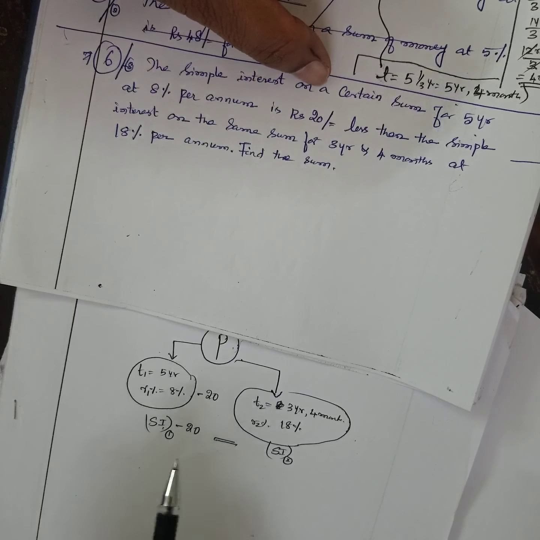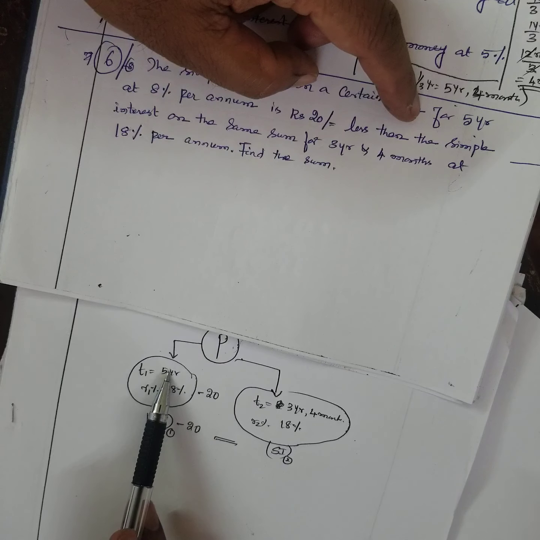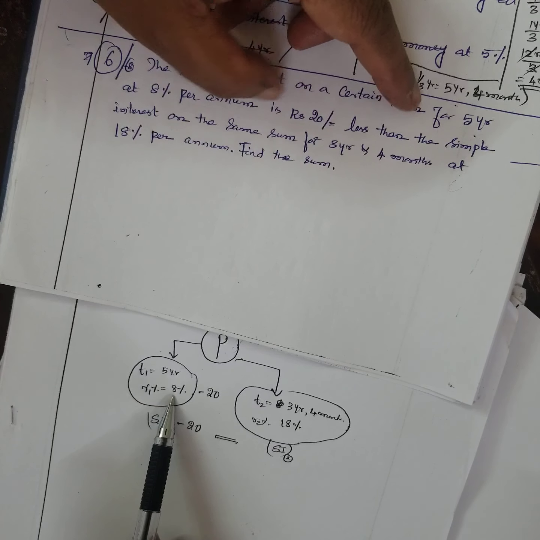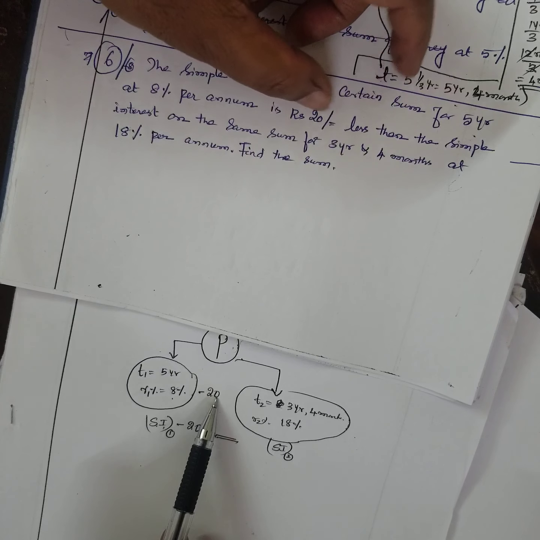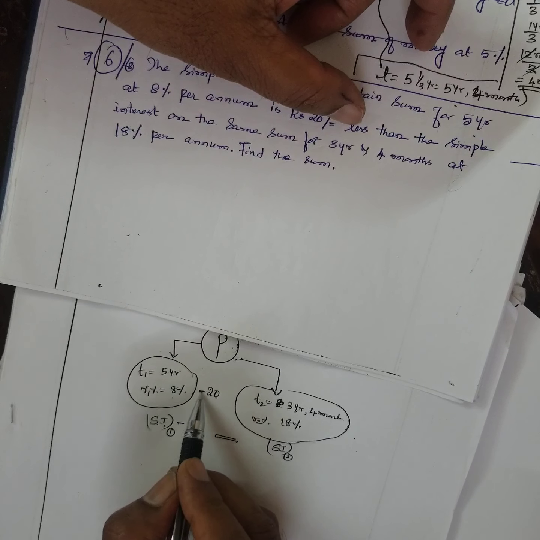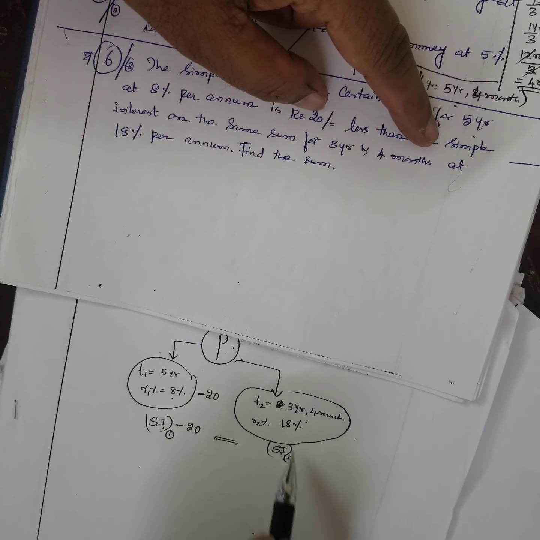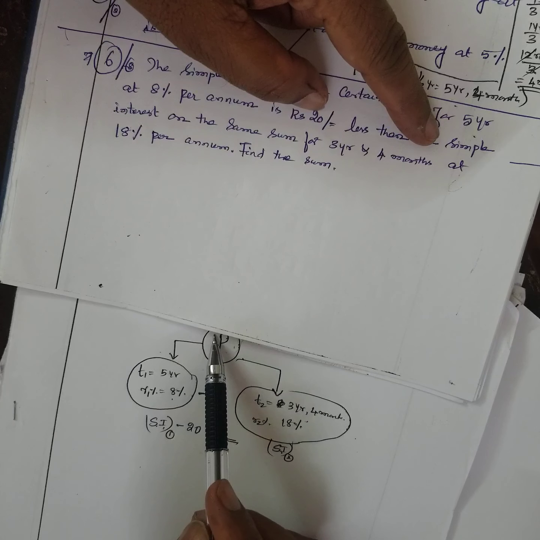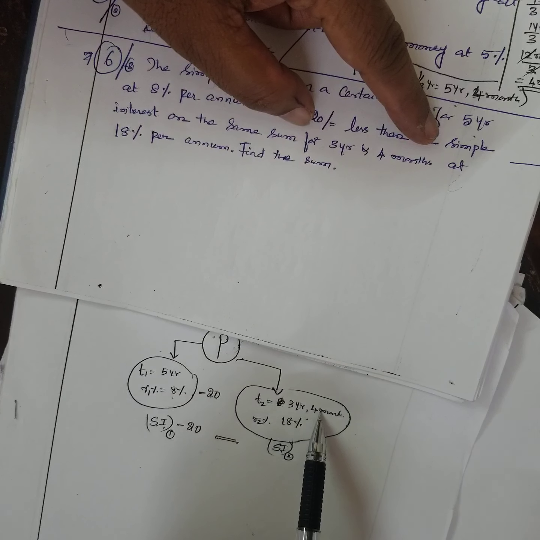The simple interest of a certain amount for 5 years at 8% per annum is 20 rupees less than the simple interest on the same sum of money for 3 years and 4 months and 18%.